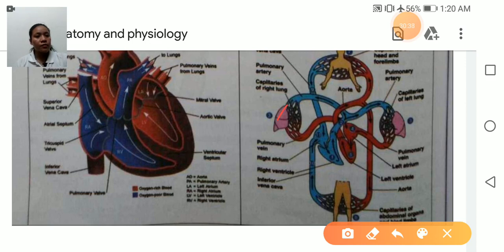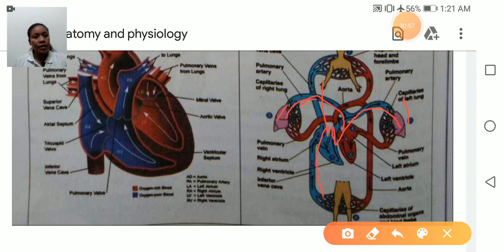Okay, this is for the lungs. From the superior vena cava and inferior vena cava the impure blood comes, and from here through the pulmonary arteries it goes to the lungs for purification.